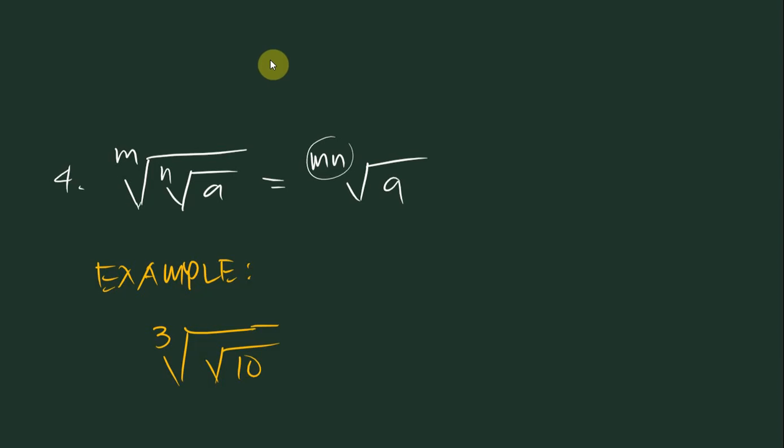Okay, so let's have an example. We have here the cube root of the square root of 10. It's really hard to say. If we rewrite this, we have the cube root of the square root of 10, right? By default, the index of the square root is 2.